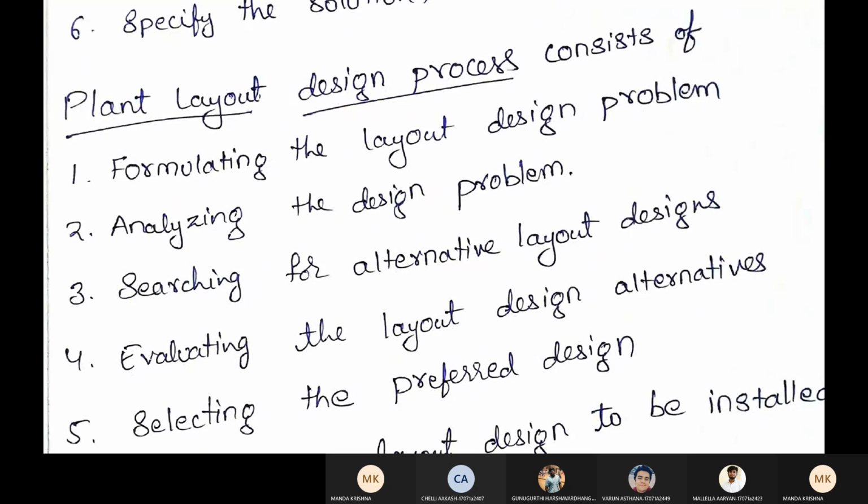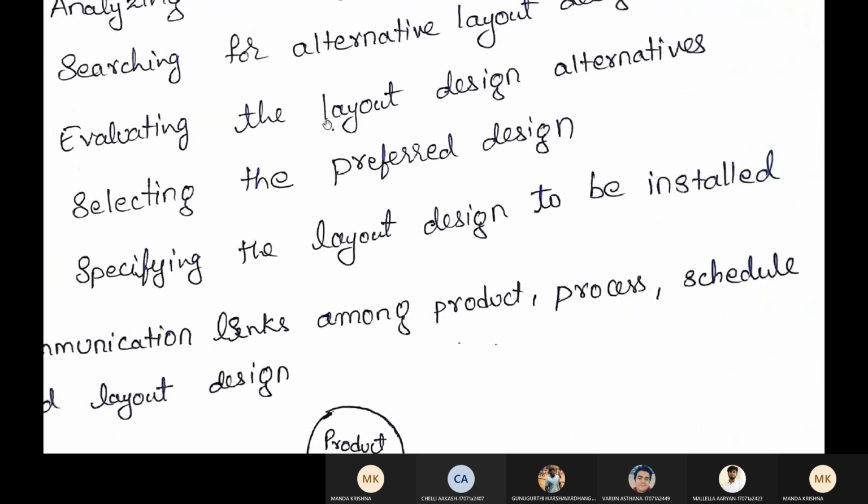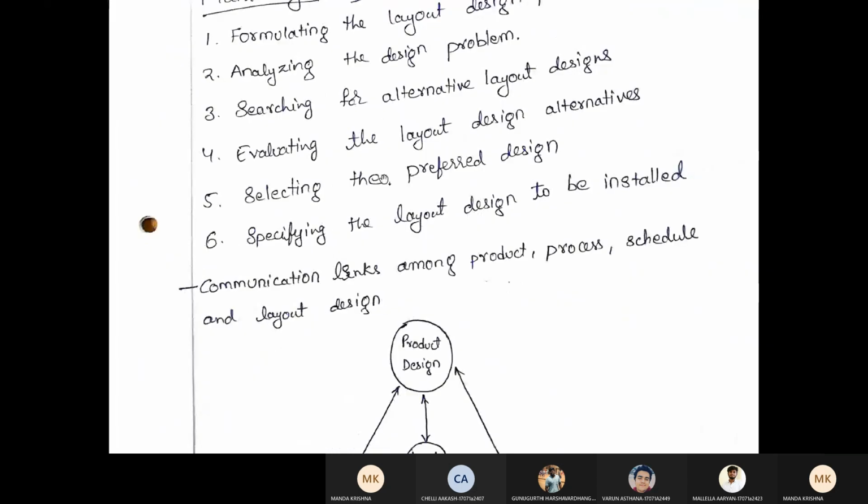Next is selecting the preferred design. And next is specifying the layout design to be installed.